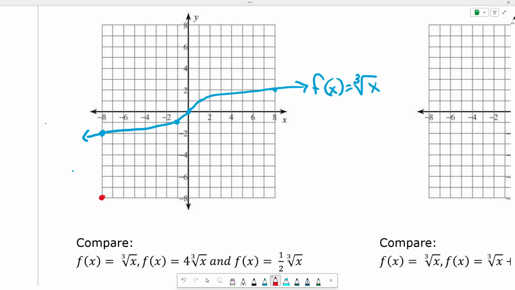This one is going to be located at negative 4. 0 is still in the same spot. This one at positive 4, and this one up here at 8. So this one will look like this. Coming way down through here and out this way. This one is my f of x is equal to 4 times the cube root of x. Notice how it's been stretched vertically.